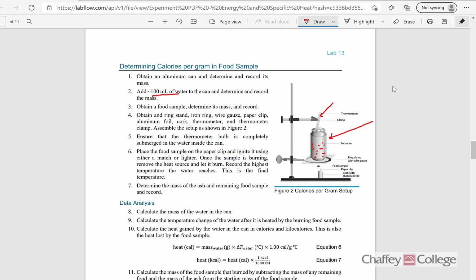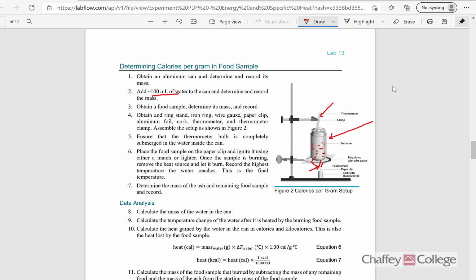And then we take our food item. That food item could be a chip, a peanut, a cashew nut, or any food item which burns, or gets ignition, or can catch fire. We put our food sample here, and then we light it up, we burn it.